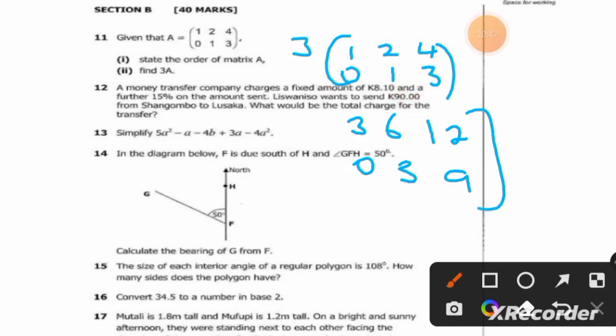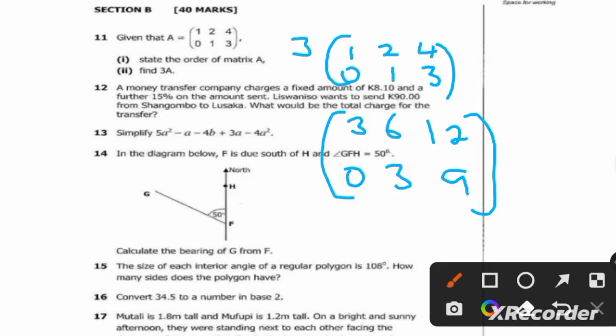So this is our final answer. This is 3, just in case you are unable to see. Here 0, here 3, here 9. We move on to the next question.